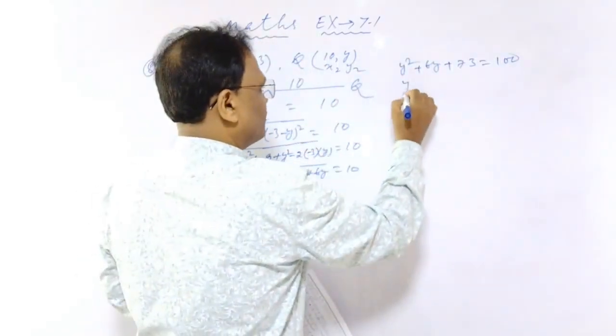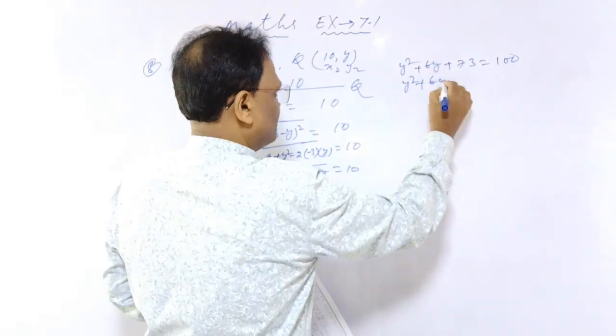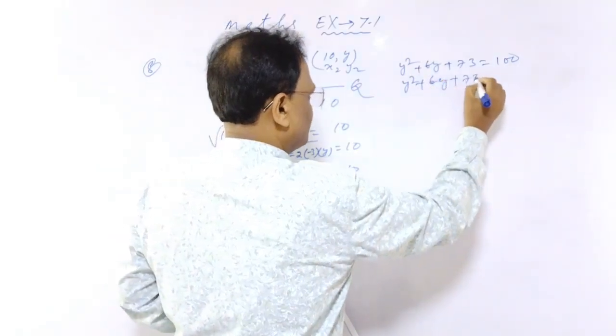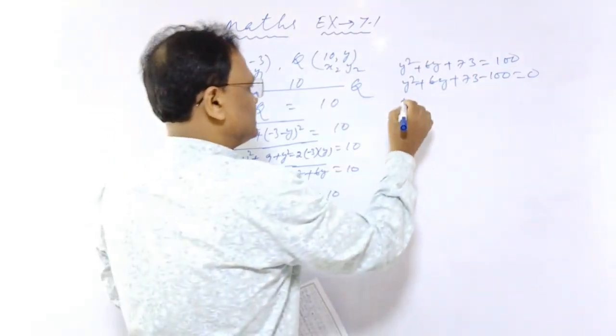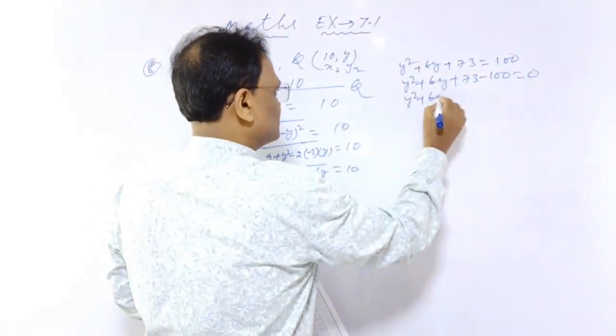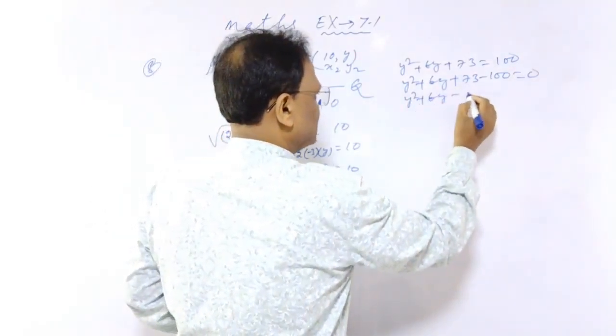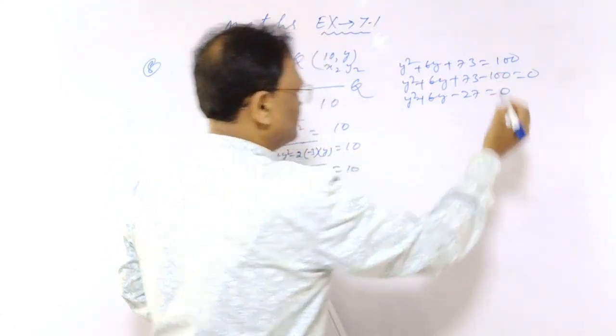Or y square plus 6y plus 73 minus 100 equals 0, and this gives me y square plus 6y minus 27 equals 0.